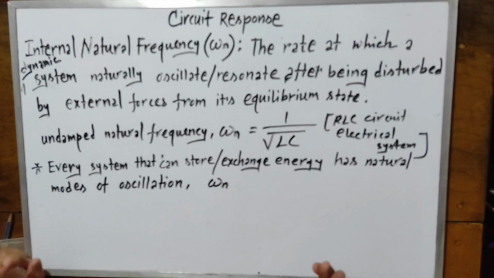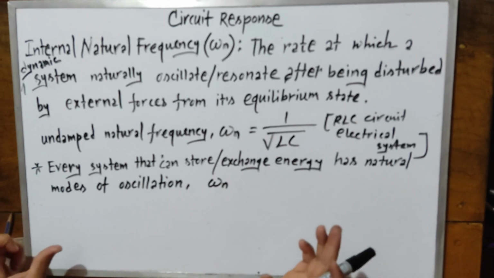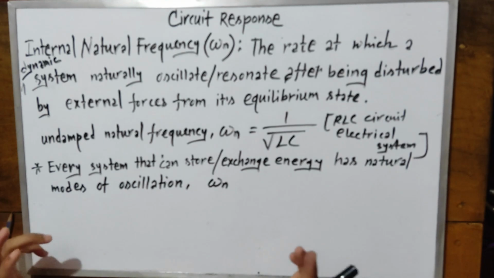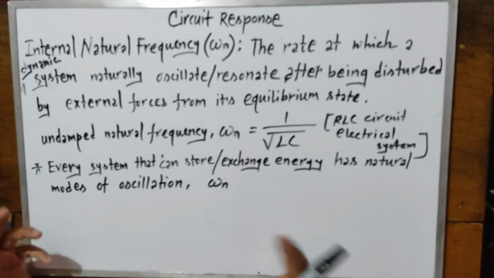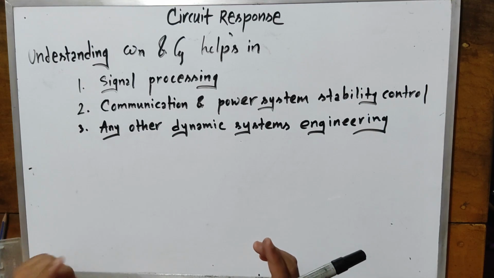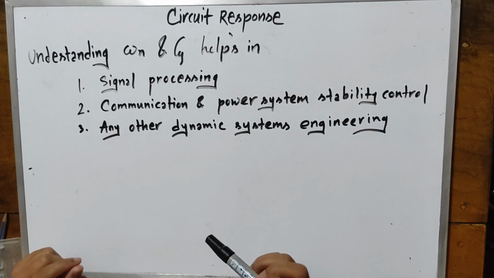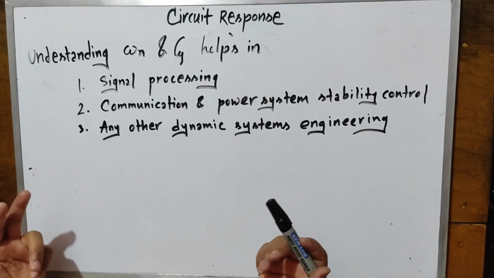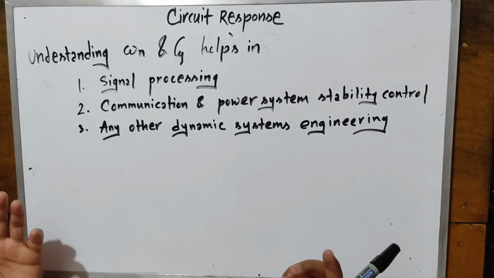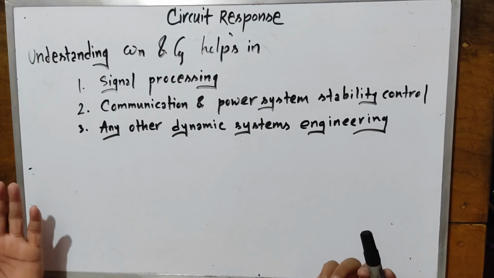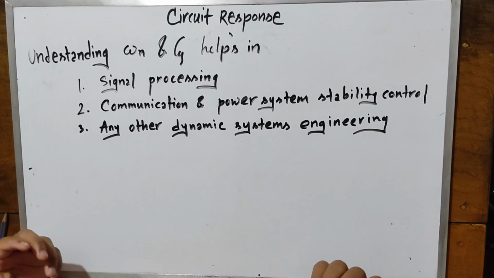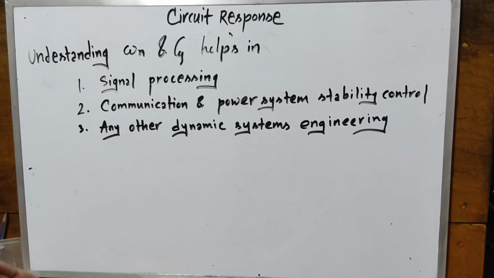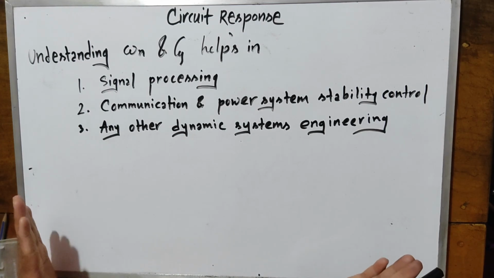So this internal natural frequency and damping factor are key to understanding the behavior of a dynamic system. Understanding these two parameters especially will help in signal processing, communication and power system stability control, if I am focusing on electrical systems, and any other dynamic system engineering.